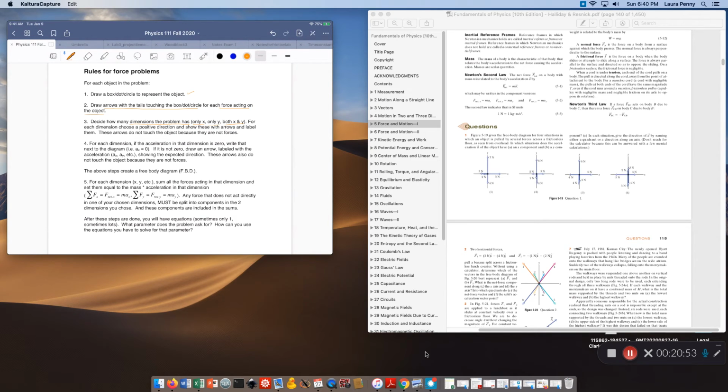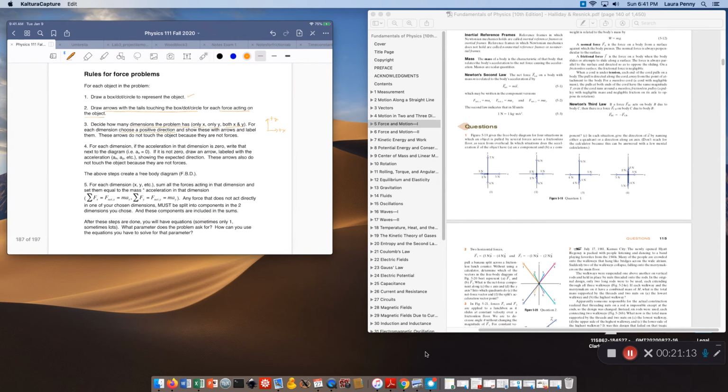Whatever dimensions you have, you need to choose a positive direction and show those with arrows and label them. This is when I say draw positive Y, positive X. And really, you can pick anything here, but if you have 2 dimensions, the 2 dimensions have to be perpendicular to each other.